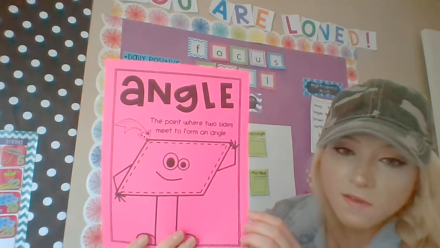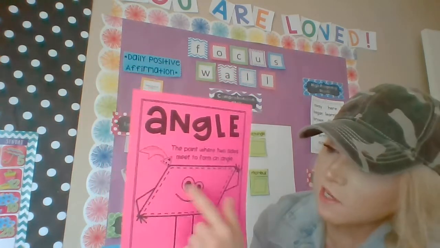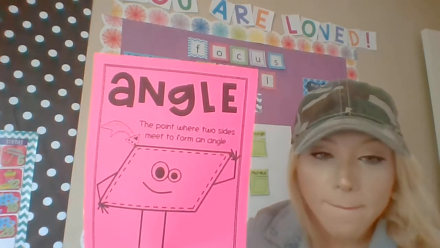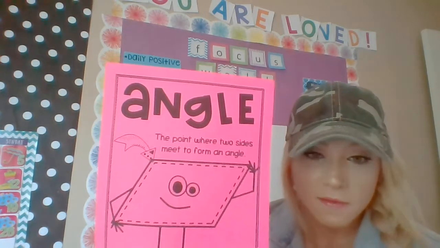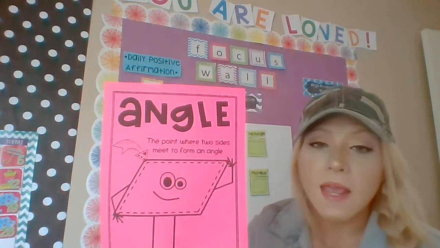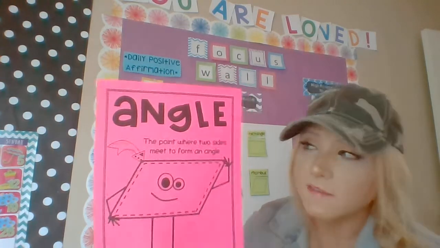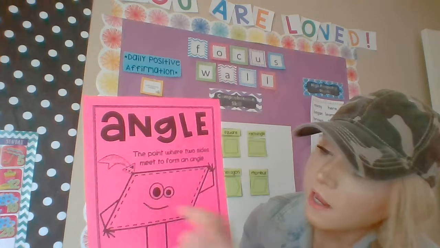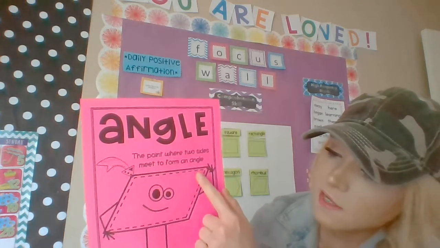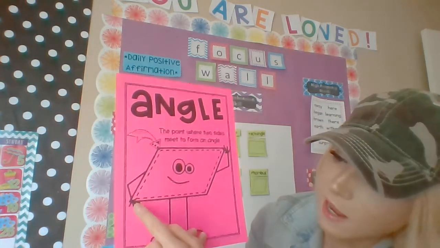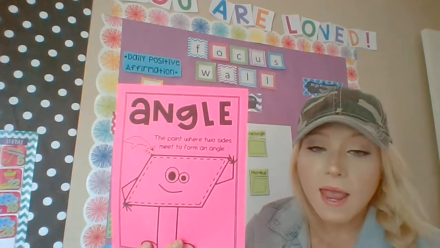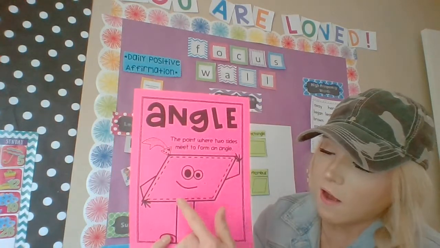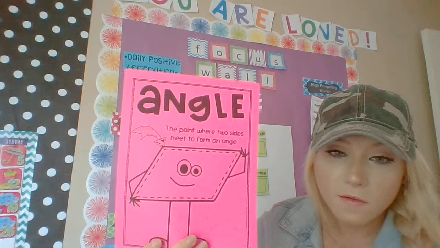Let's count how many angles this shape has. This shape is called a rhombus. Everybody say rhombus. Very good. Let's count how many angles this rhombus has together. Ready? Begin. 1, 2, 3, and 4. So it has 4 sides and also 4 angles.